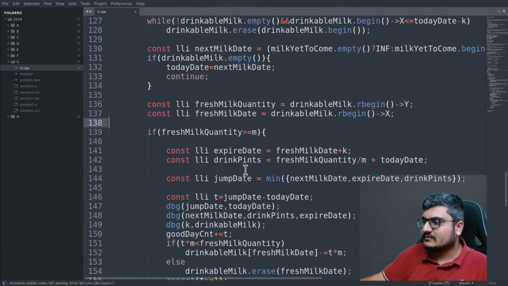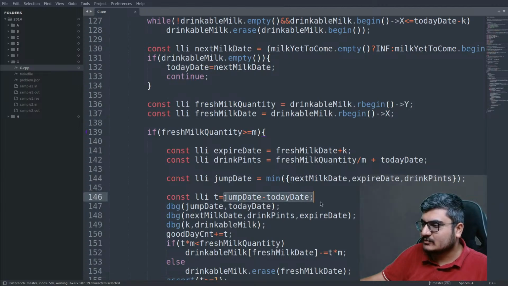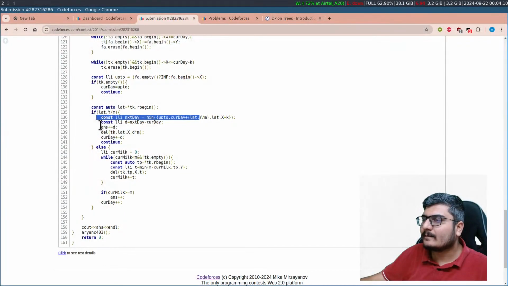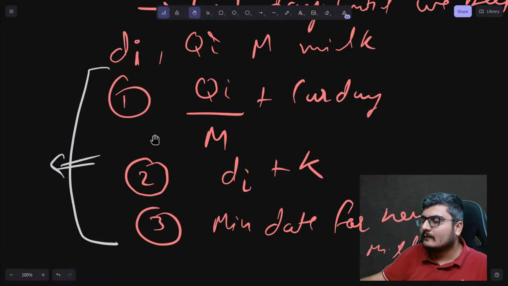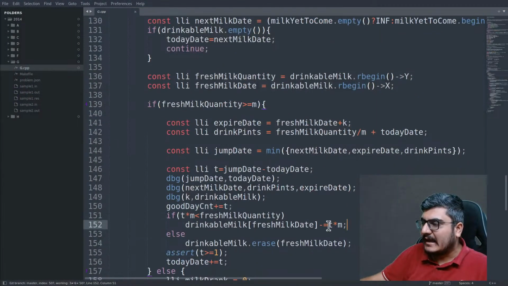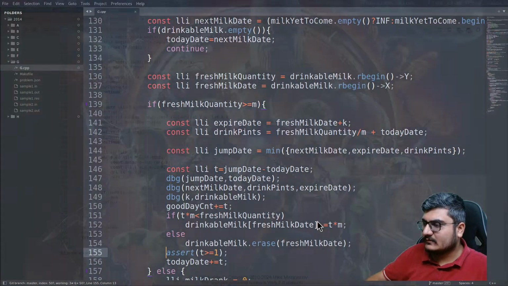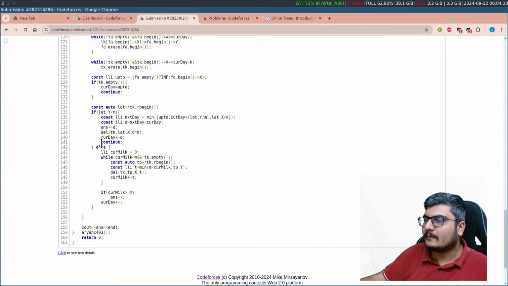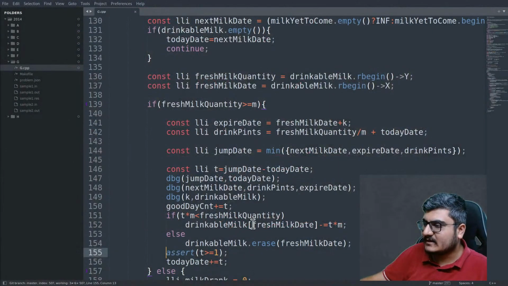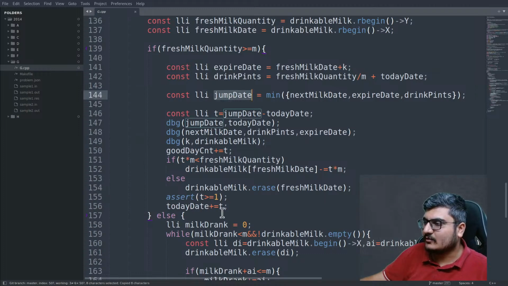Number of days would be the difference of these two. Add this to good count, and subtract t times m. And we can directly assign next date as jump date over here. No need to do plus 2.